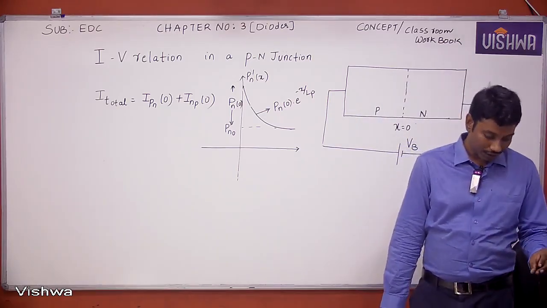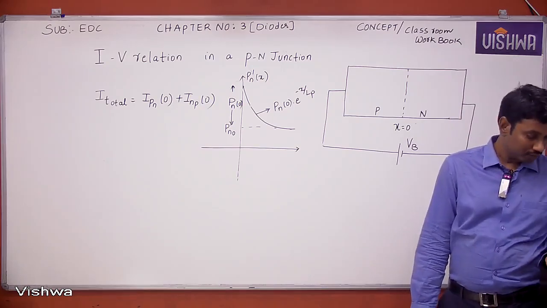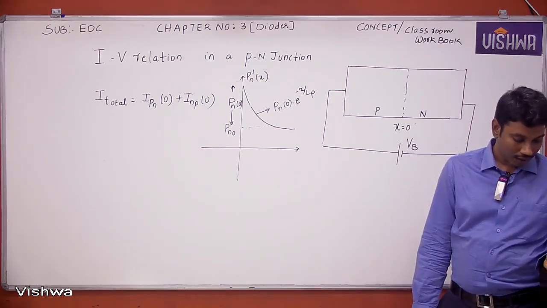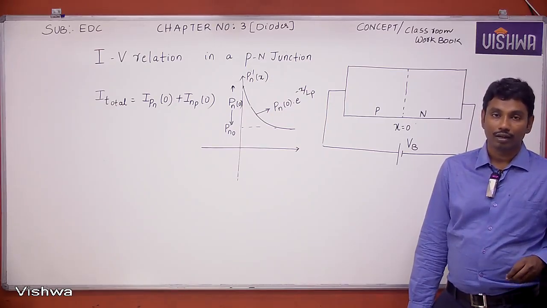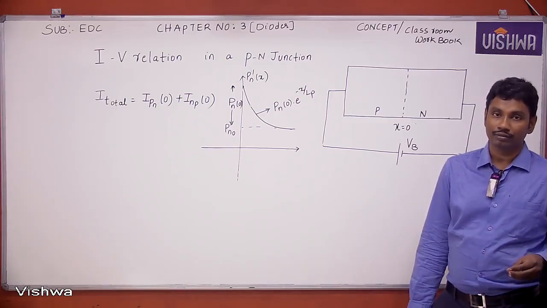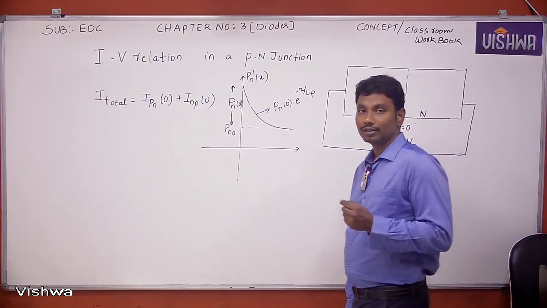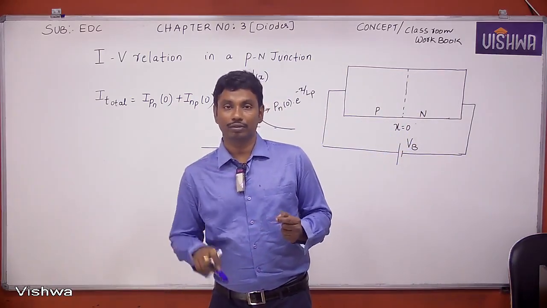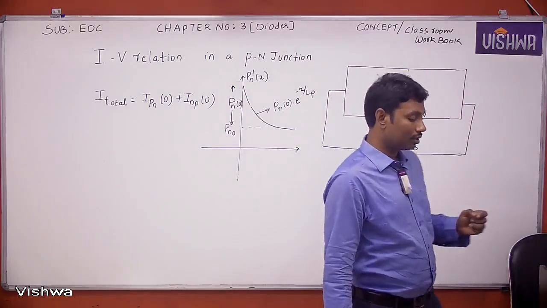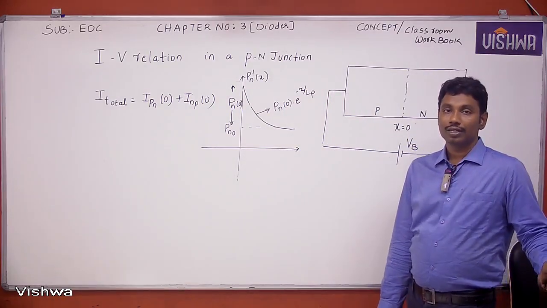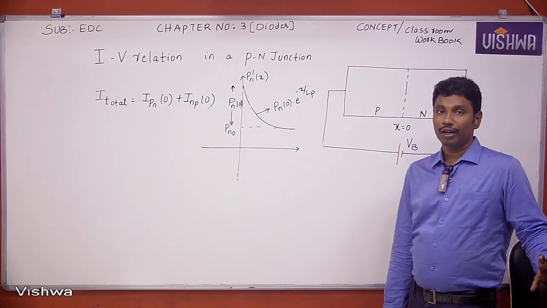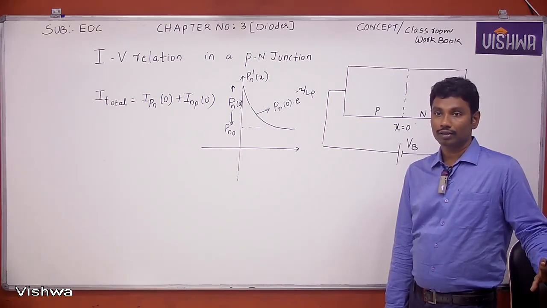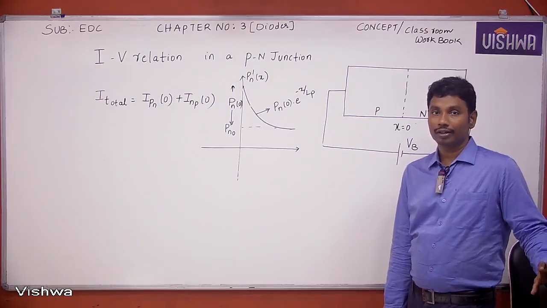The total current at the junction, in bracket x equal to 0, is the sum of hole and electron diffusion current.